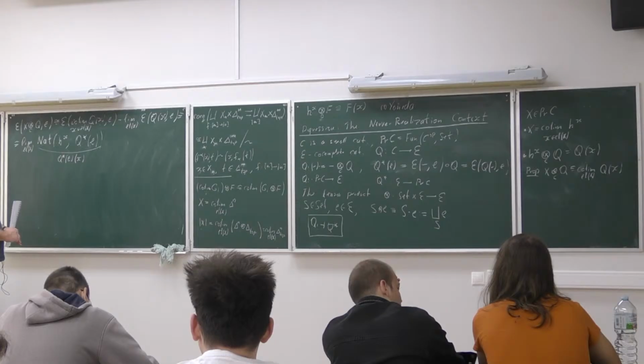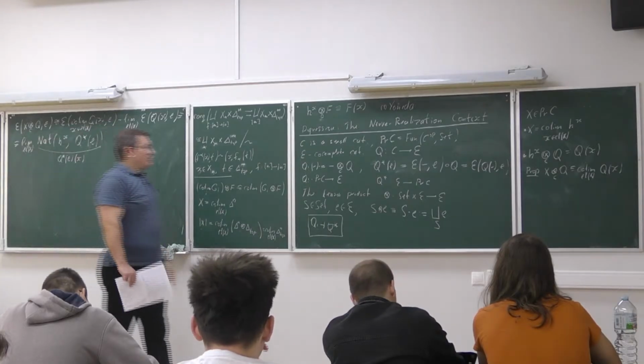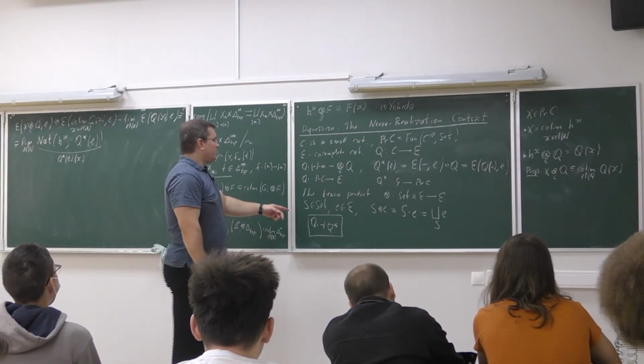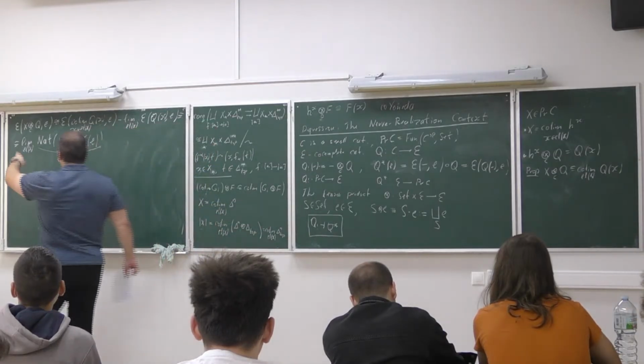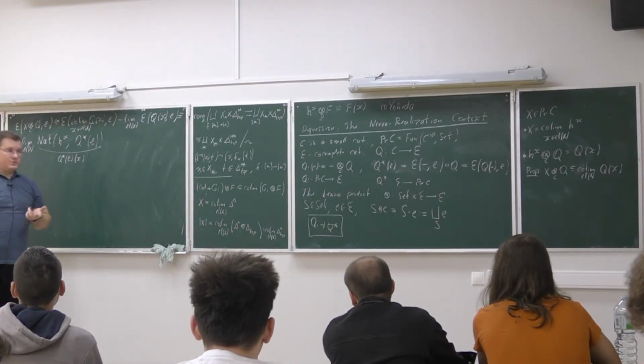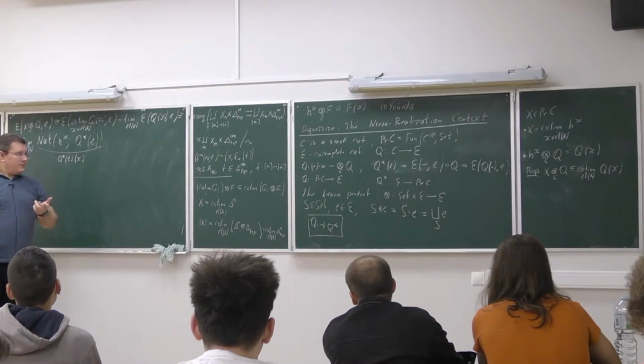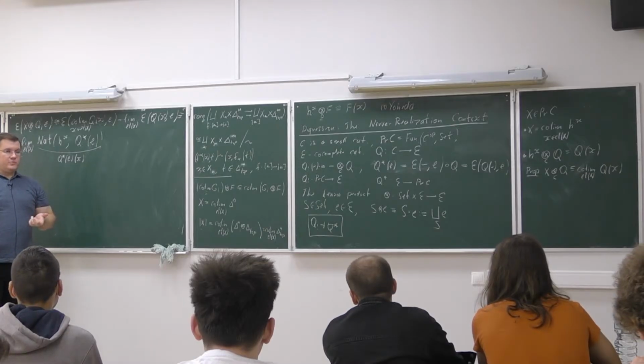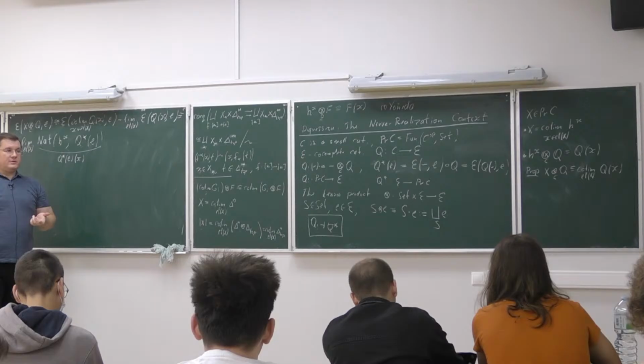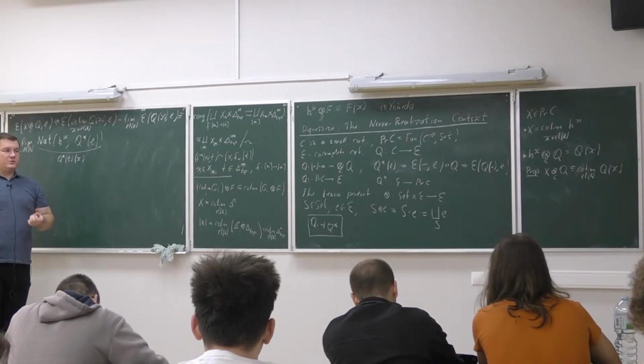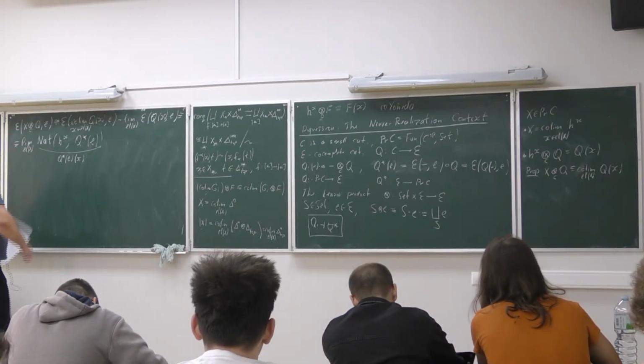Потому что я хочу доказать сопряженность, и у меня, начиная я здесь с хома в категории E, а закончить я должен хомом в категории предпучков. А хом в категории предпучков — это натуральное, естественное преобразование. Потому что предпучки — это просто функторы.